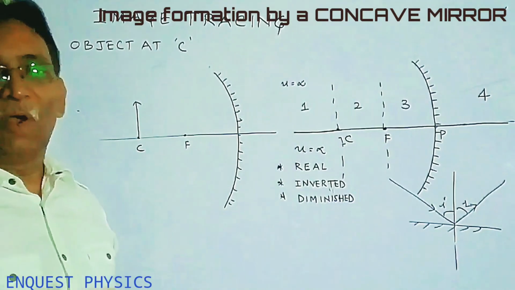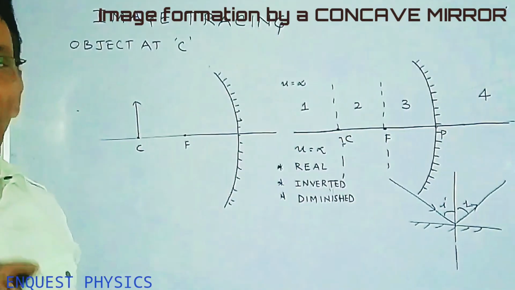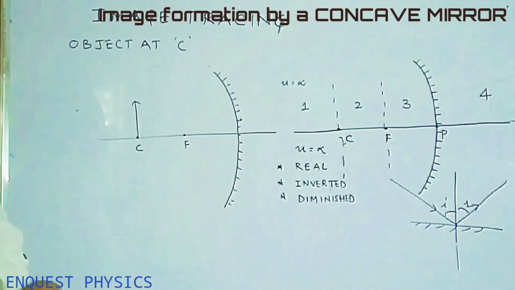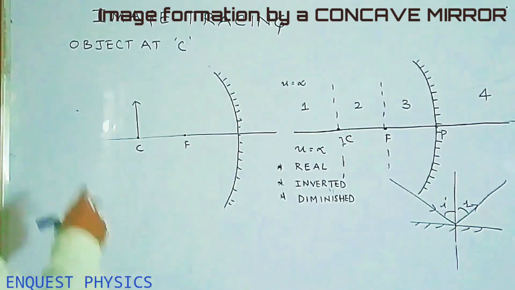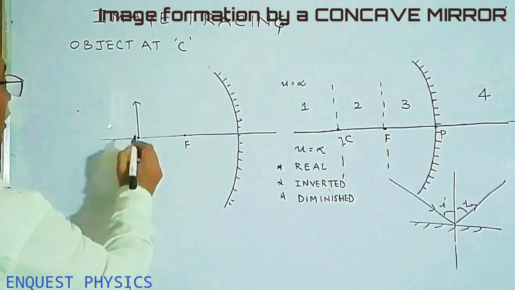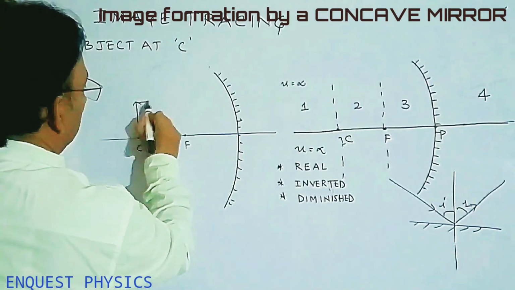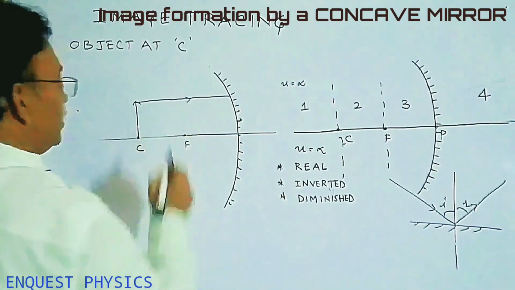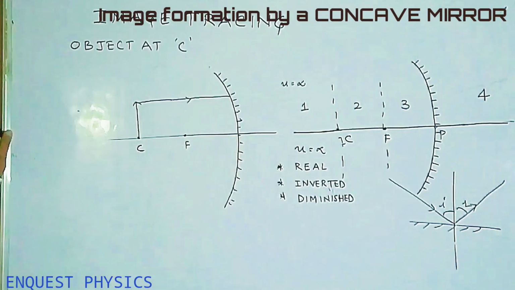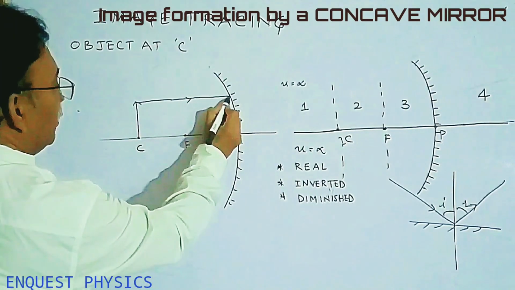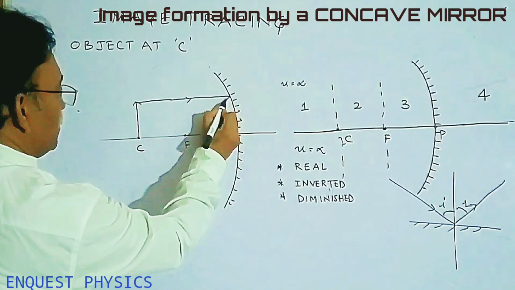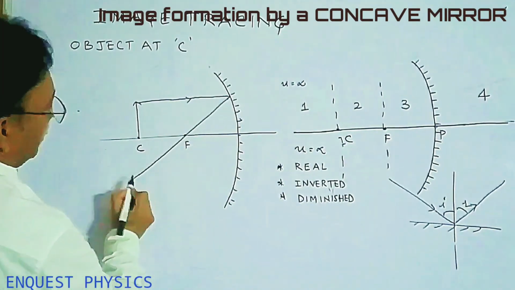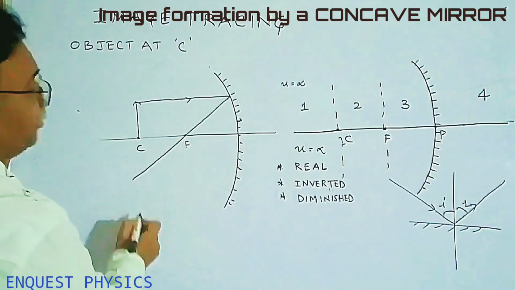Now listen, to trace the image, all the time we have to take a light ray which is passing parallel to the principal axis, coming out from the head of the object. The same thing will happen here. It comes, and as usual we apply the law, then it gets reflected like this.